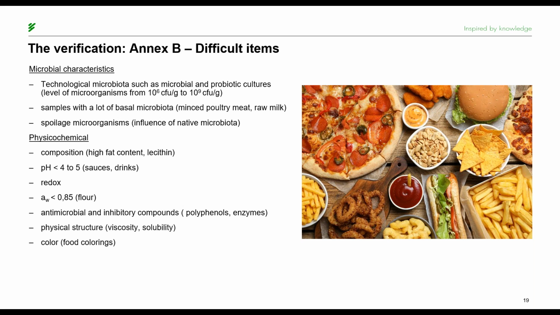Also, its composition, pH, water activity must be taken into account. If there are any inhibitory compounds, even its physical structure, and if it has any added colorant. Also, if during the processing of the article, the manufacturing process could affect the recovery of our target microorganism. Some examples: fermented foods, cured foods, raw poultry, raw milk, and multi-component foods.